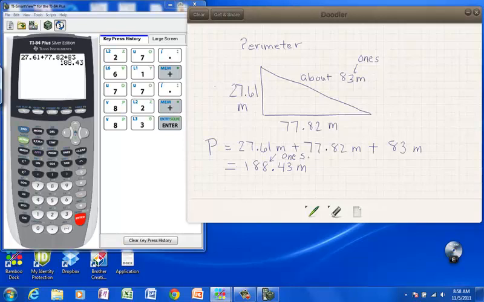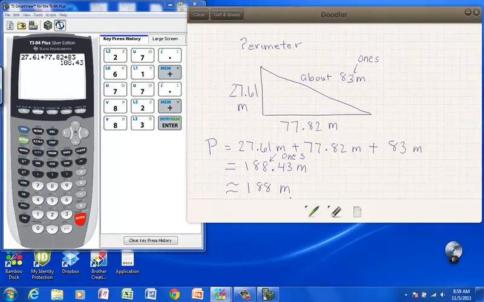So when we're doing perimeter, you should think about place value and round your answer, in this case, to the ones place. Notice when you're adding meters, we don't change the exponent. Meters plus meters plus meters just gives us meters around the outside.